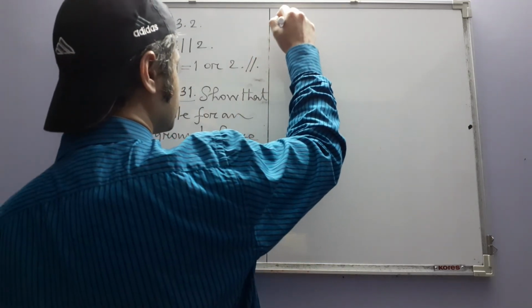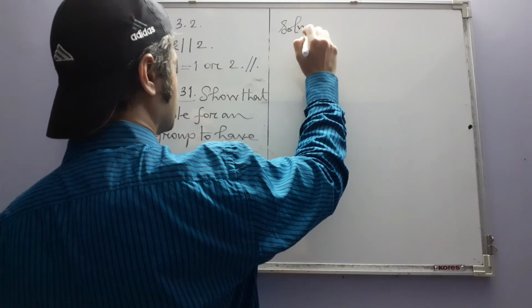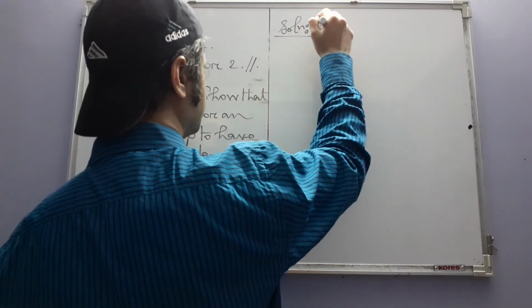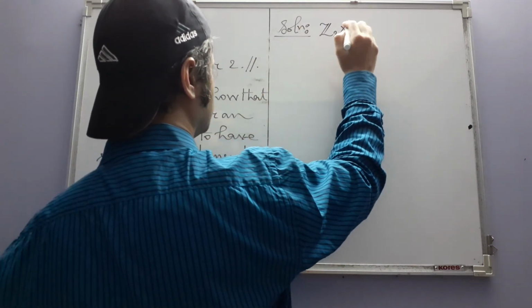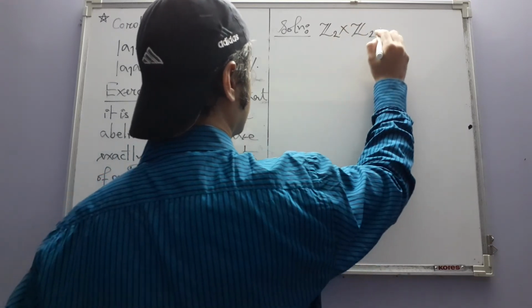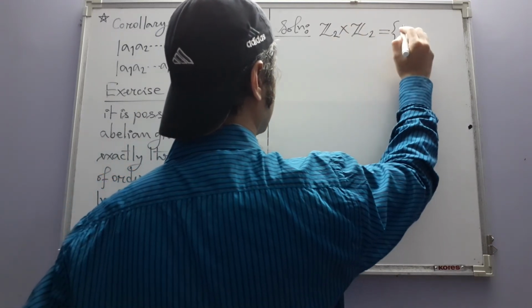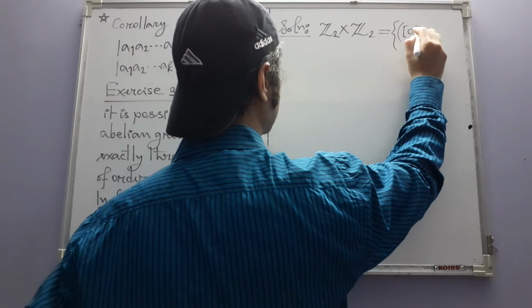So here also you will write the elaborate solution. I will just give you the hint. You look at this group. You know what its elements are.